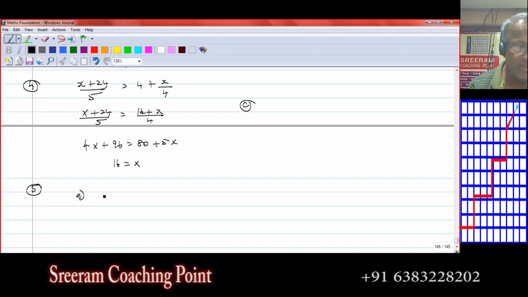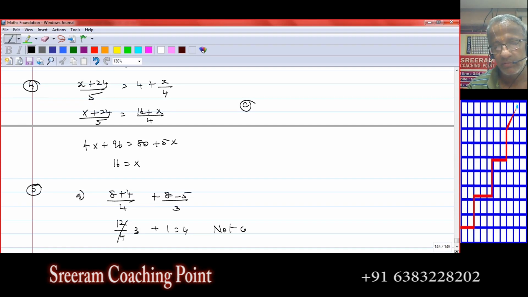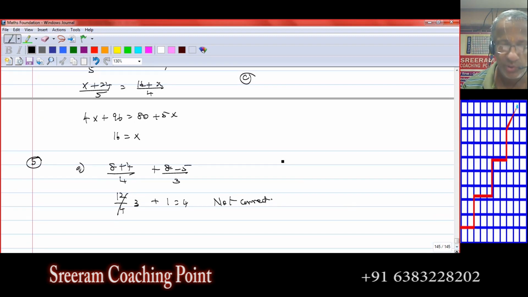For A it is (8 + 4)/4 + (8 - 5)/3. So I get 12 divided by 4 is 3, and plus 3 divided by 3 is 1, which is equal to 4. So not correct. Right. So B, I am not getting 8 as the answer.